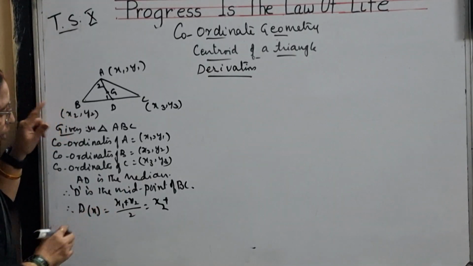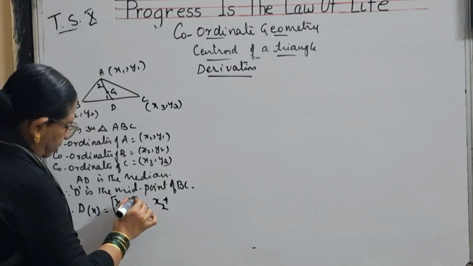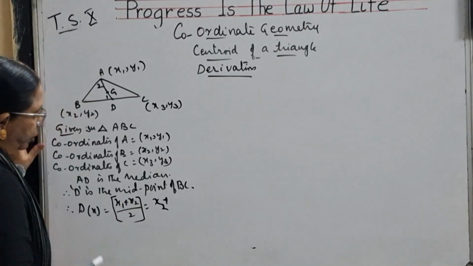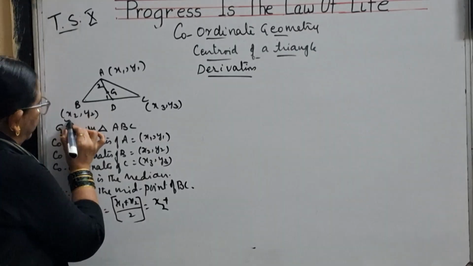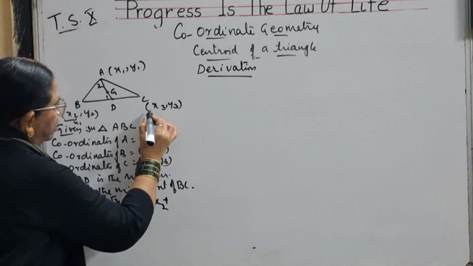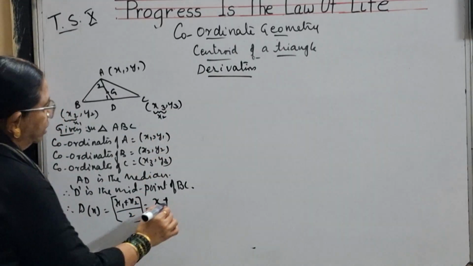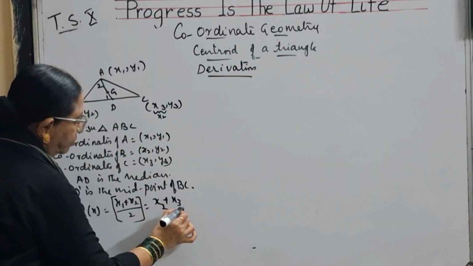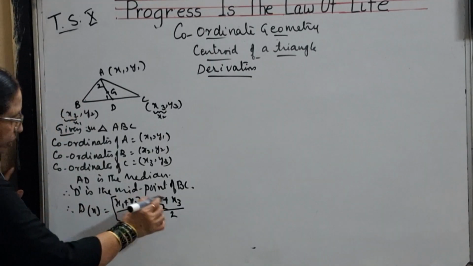This is the midpoint formula. In this, x1 means this value, which becomes x2 for the median, and this becomes x3 for the median. So x2 plus x3 by 2 is the x coordinate of D.